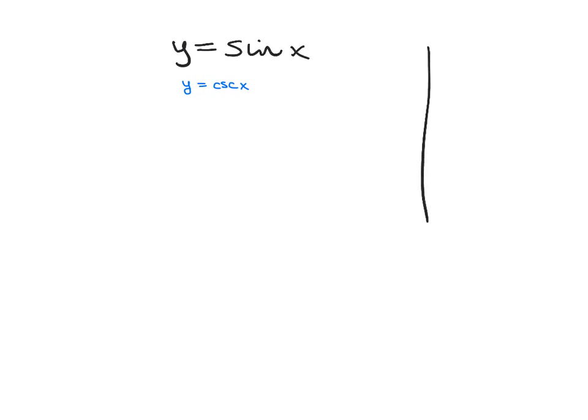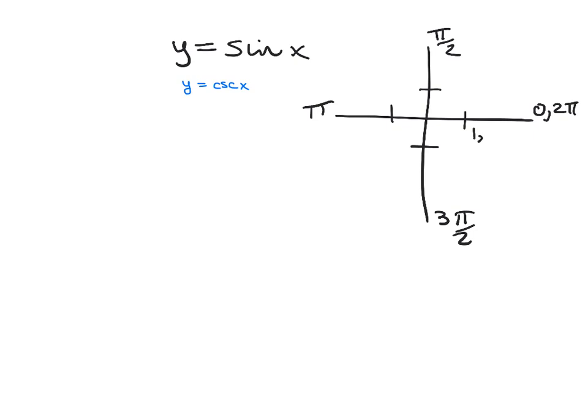If you think about your coordinate plane here, this is 0 and 2 pi. This is pi over 2. This is pi. This is 3 pi over 2. And we're going to use these axis points: (1, 0), (0, 1), (-1, 0), (0, -1).